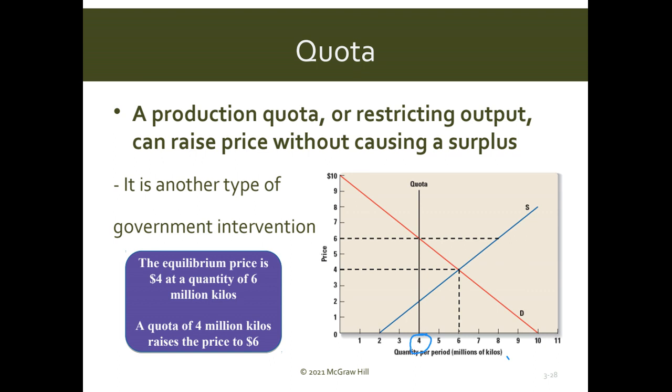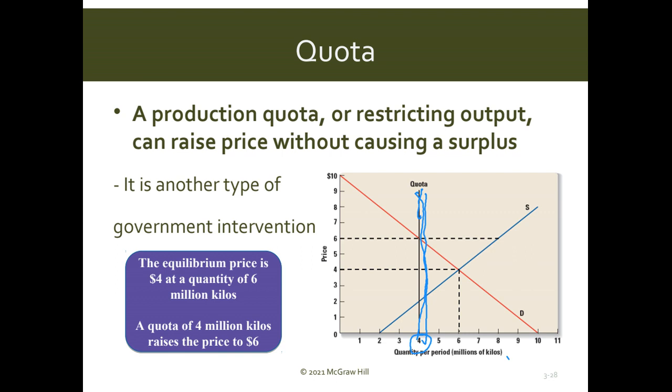So the total level of production would be 4 units. At this 4 units, although this vertical line says quota, it is actually the new supply curve. That is, suppliers cannot produce more than 4 units. So you have a vertical line basically.